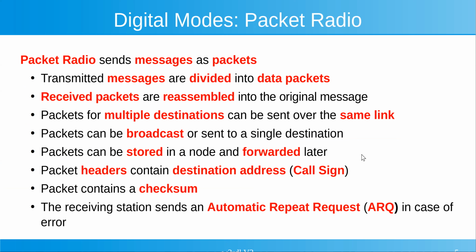Okay, we talked about packet radio, and we send messages as what we call a packet. And packets are usually a specific length. So a long message will be divided up into multiple data packets. And one of the things in the data packet is a sequence number.